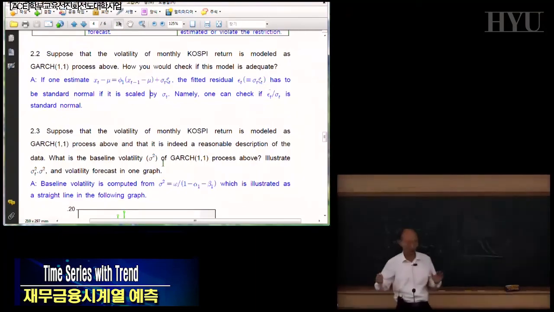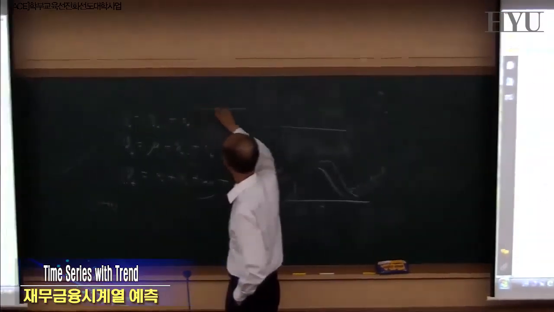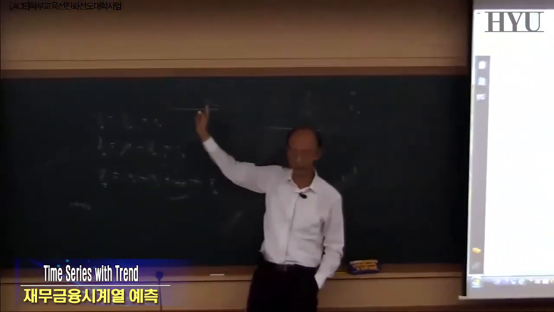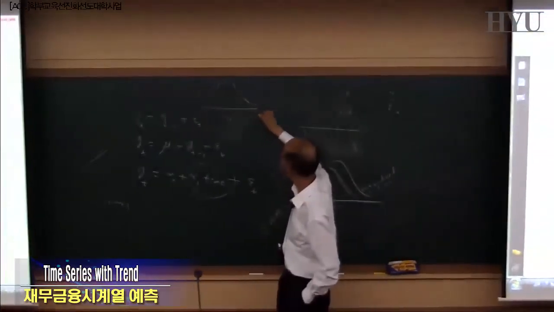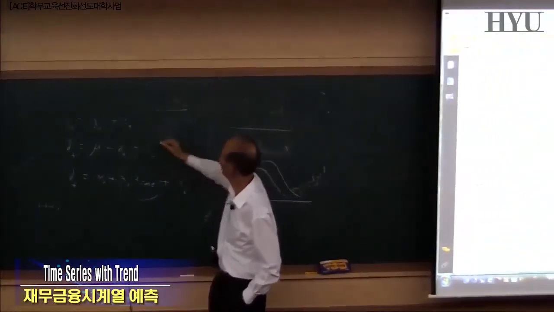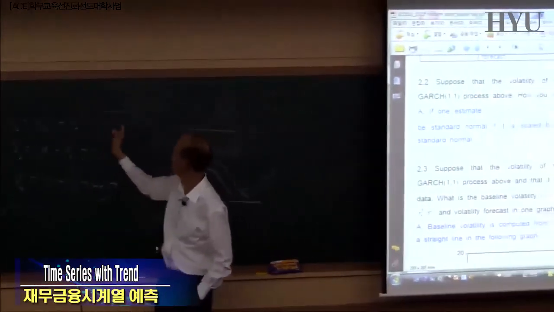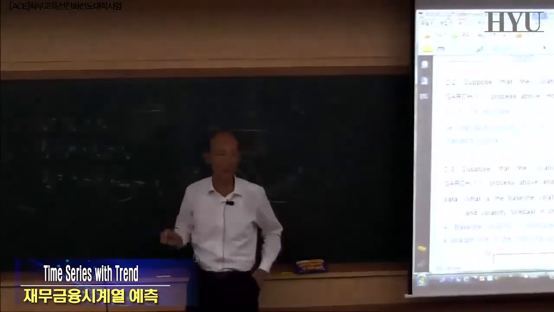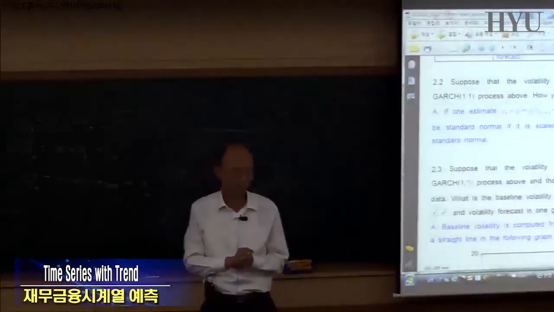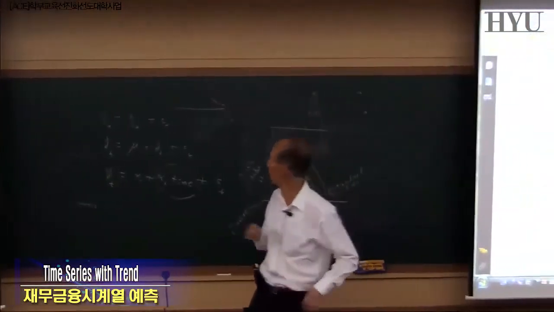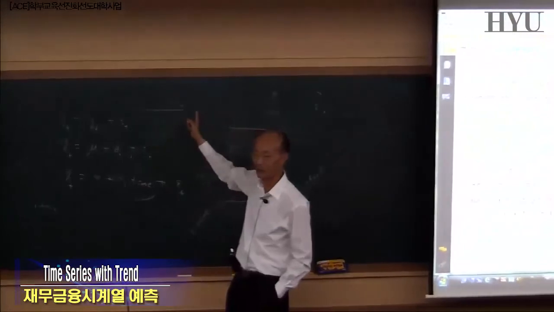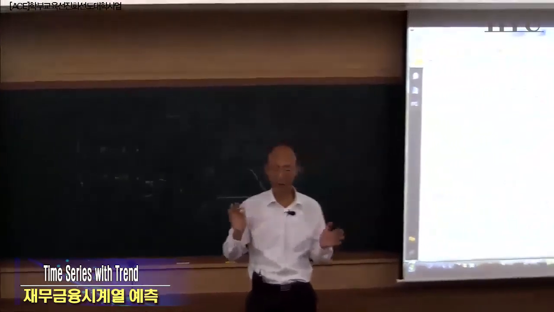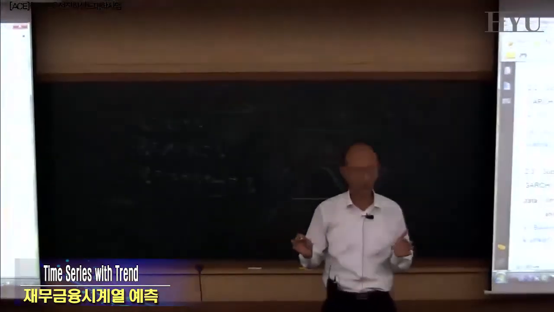Well, the standard normal has mean 0, variance 1, right? So more or less, all those psi t should lie between minus 2 and 2 about 95% of the time. Sometimes it could go outside that range, but the chance has to be less than 5%, if 2 and minus 2 are the thresholds. So that's the way we check it.